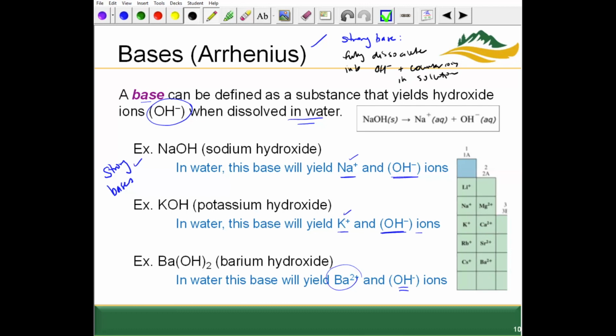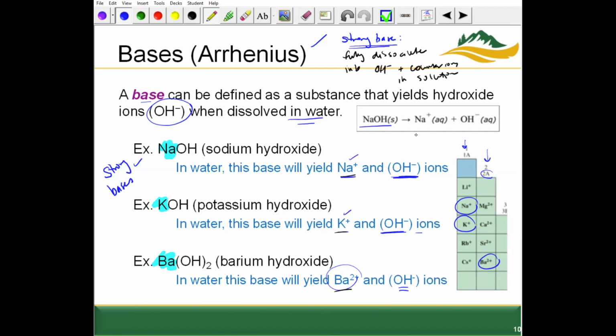What do you recognize about Na+, K+, and Ba2+? Or I suppose, what do you recognize in the actual chemical formulas? What do you recognize about sodium, potassium, and barium? These are either alkali metals or alkaline earth metals. When an alkali metal in group 1A or an alkaline earth metal in group 2A is in an ionic compound with OH- or hydroxide, they're going to yield strong bases.